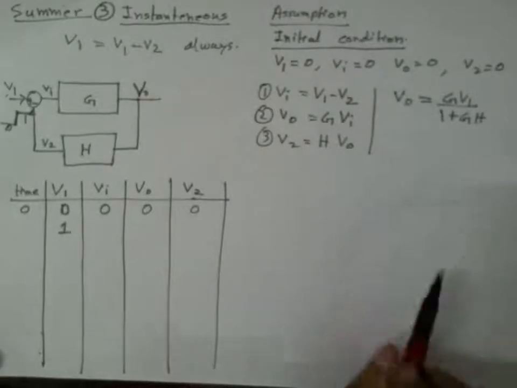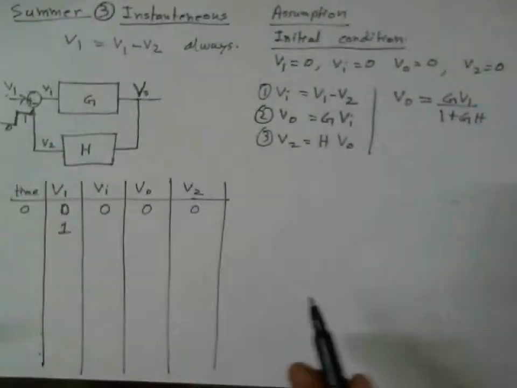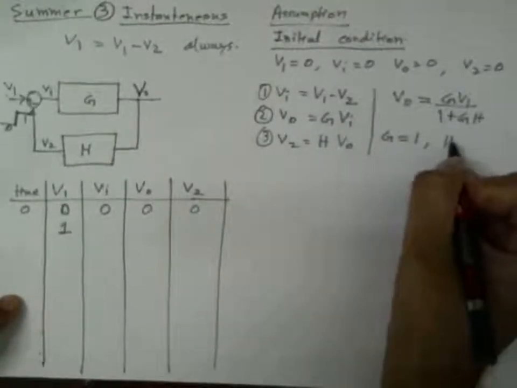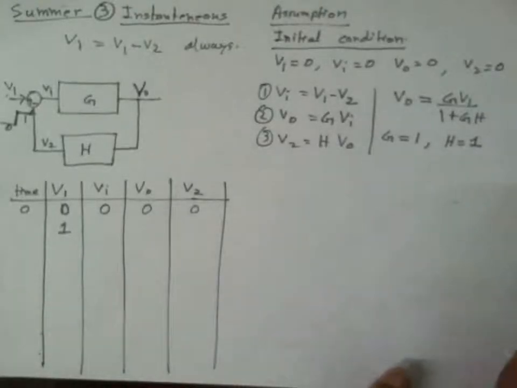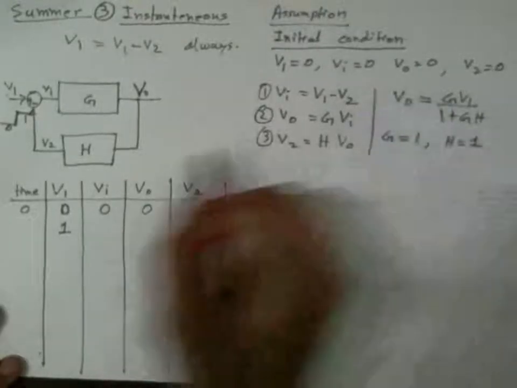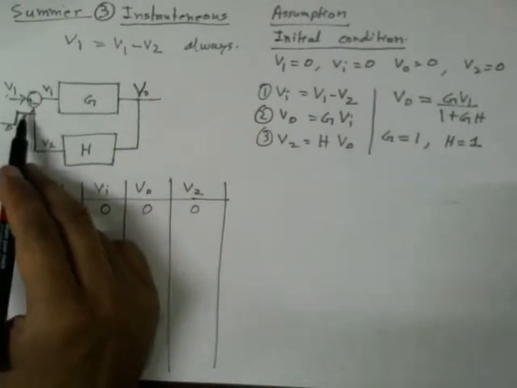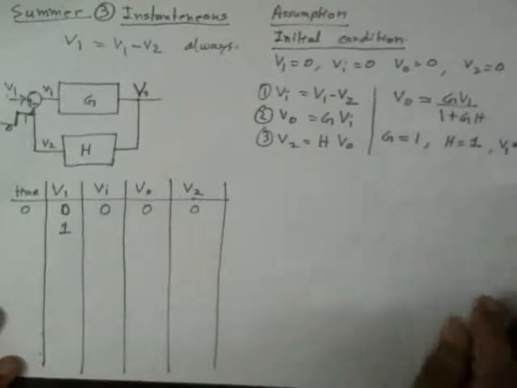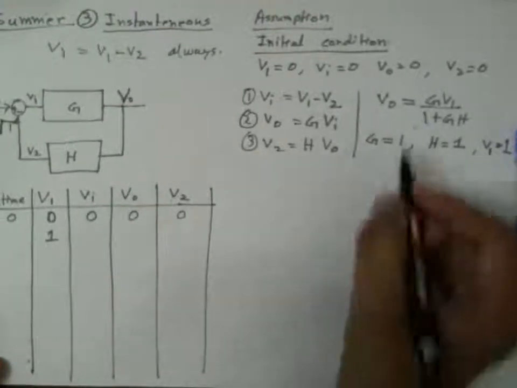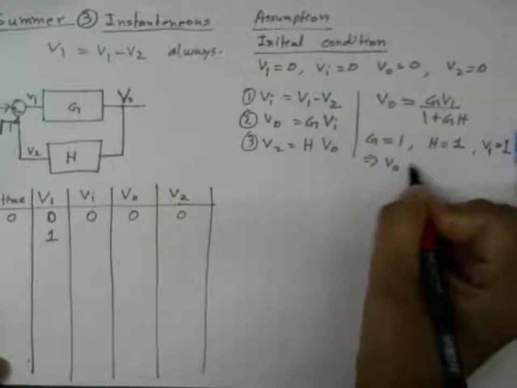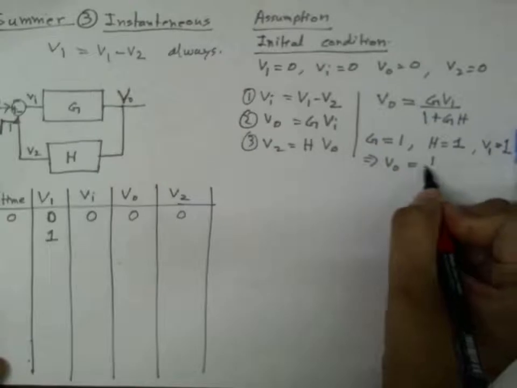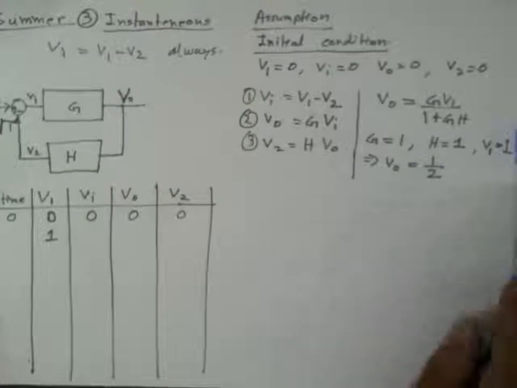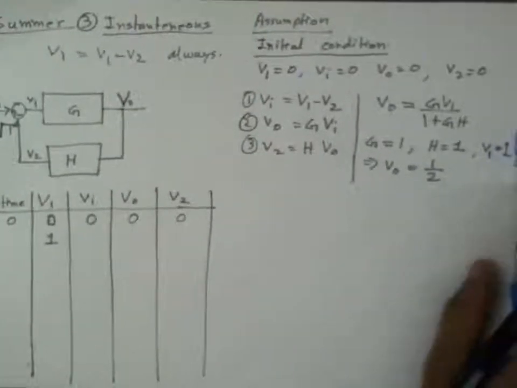Now let's take some values for G and H, G equal to 1, H equal to 1, just for ease of calculation, and now V1 is changed to 1. So everything is 1, so that means VO is equal to 1 by 2. That's what we should have eventually. Let's see whether it happens or not.